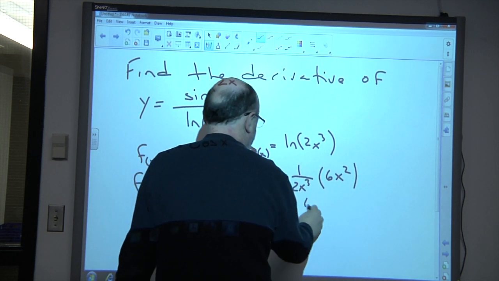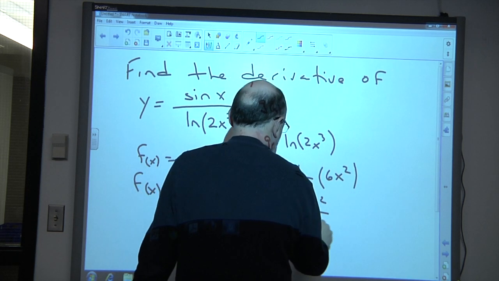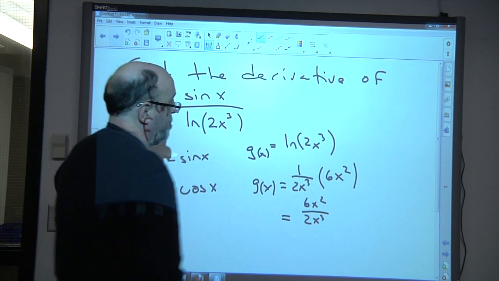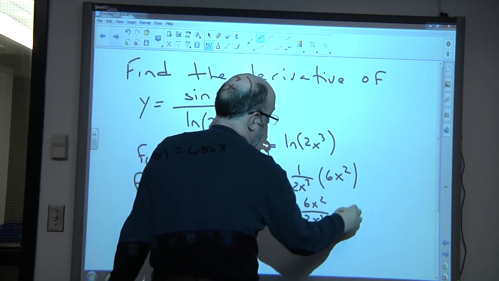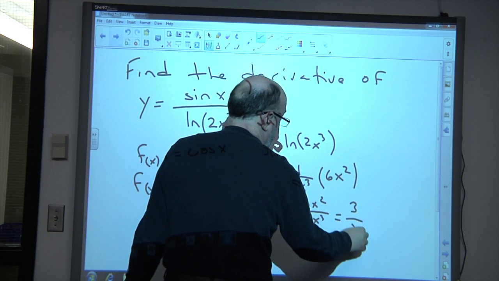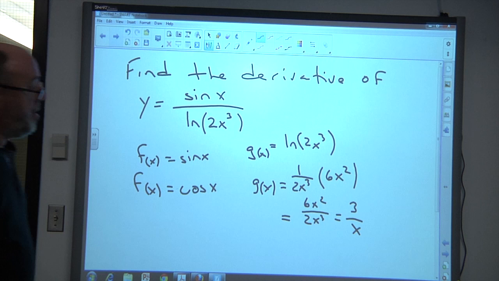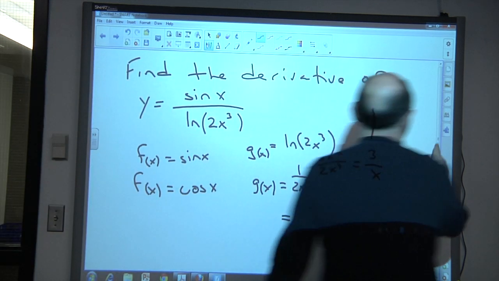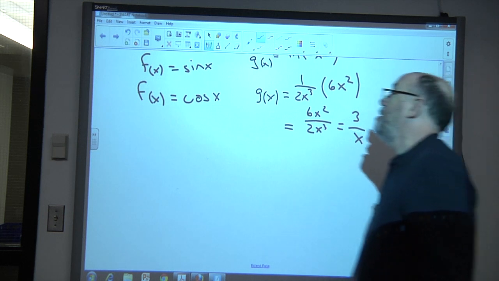So this will become 6x squared over 2x cubed, which will simplify to be 3 over x. Right. So now that we got our pieces, let's write our derivative.